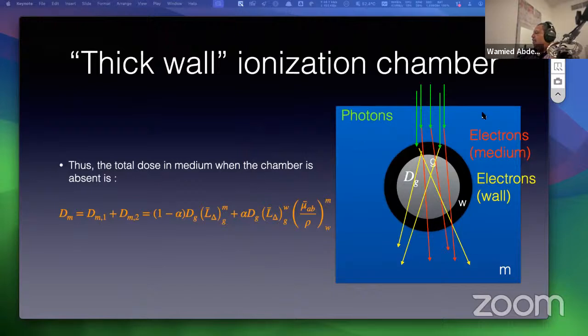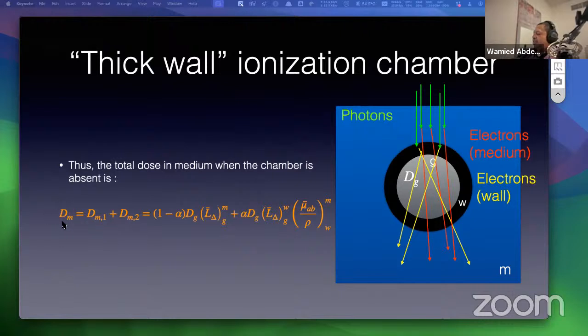We want the dose from the electrons generated in the medium and depositing their energy in the cavity, these are the red electrons, as well as the dose to the medium from electrons produced in the wall. All we do is sum the two doses here.